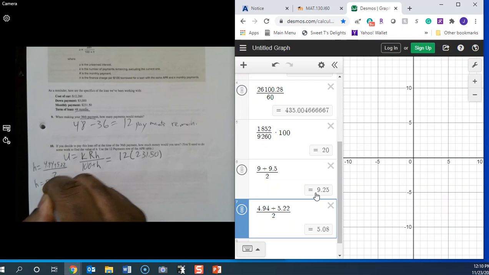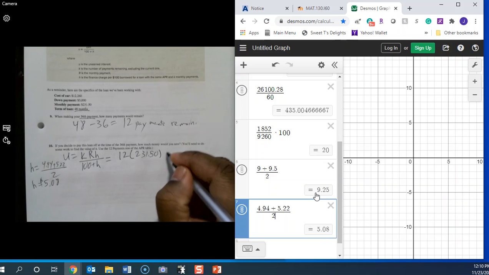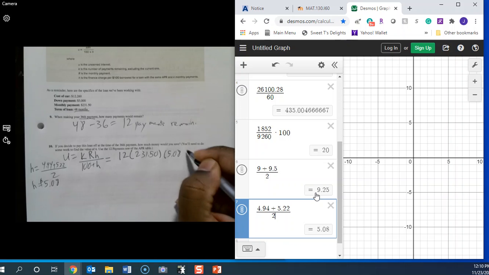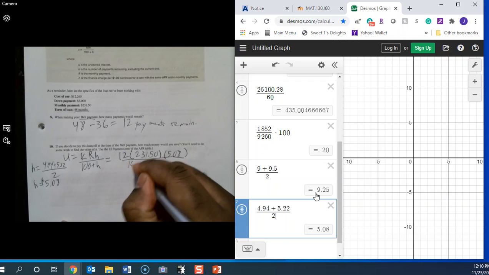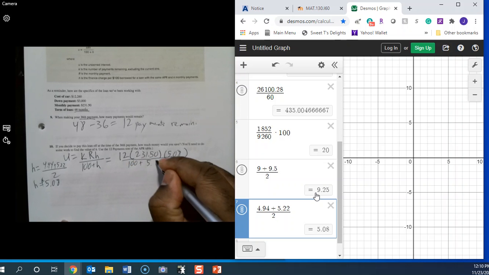So H is equal to 5.08. So we'll put 5.08 here, and then that will be divided by 100 plus 5.08.